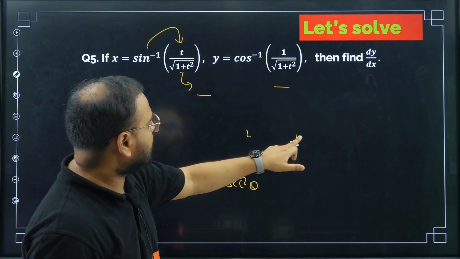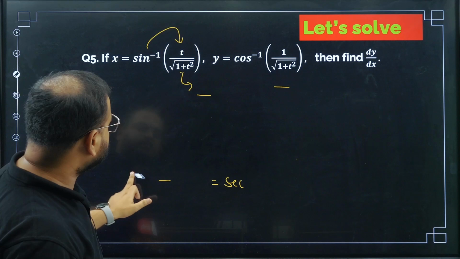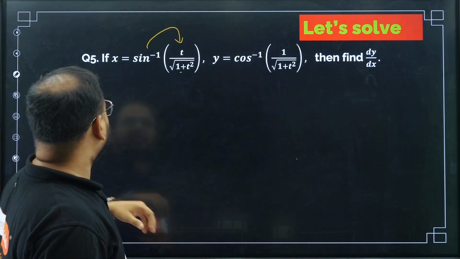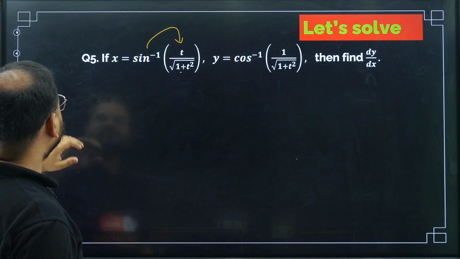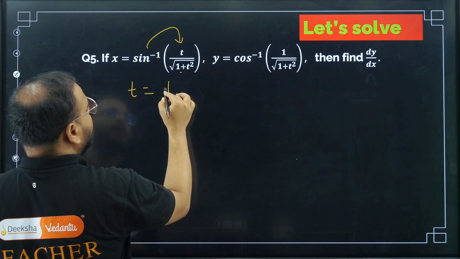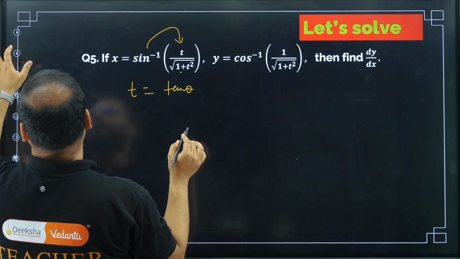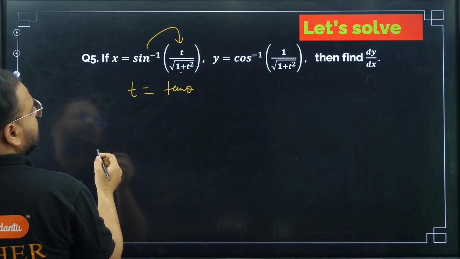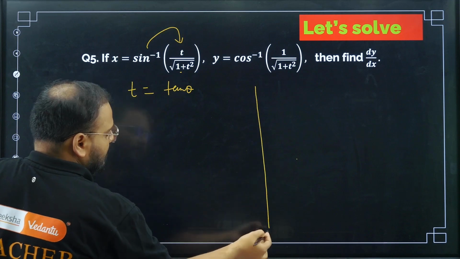Just give me 1 second. Let me erase this. So let's look at the substitution first. First step is taking t as tan theta. When I do that, what happens to my x?